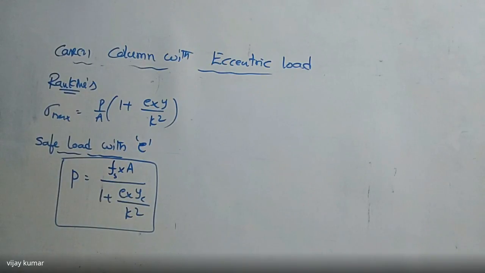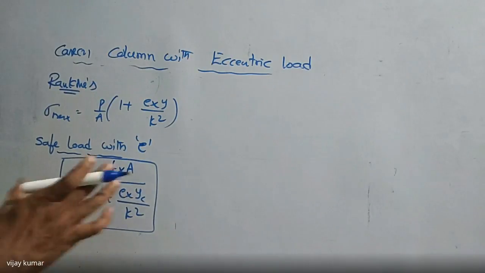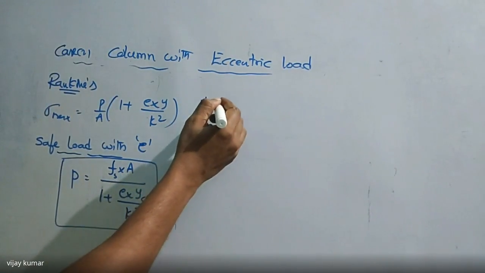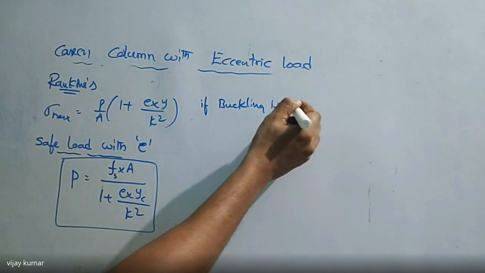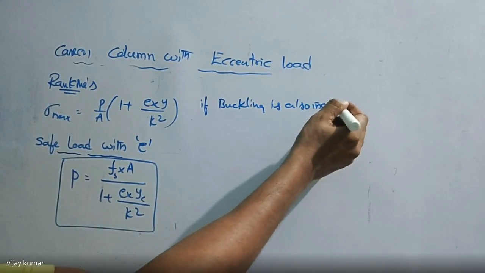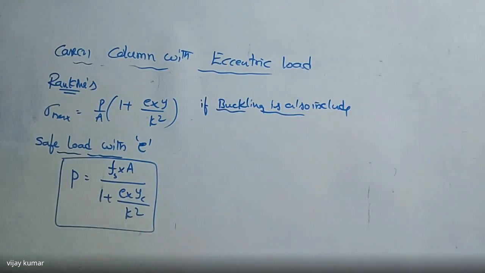If the effect of buckling is also included, then the safe eccentric load is, so this is for only crushing.